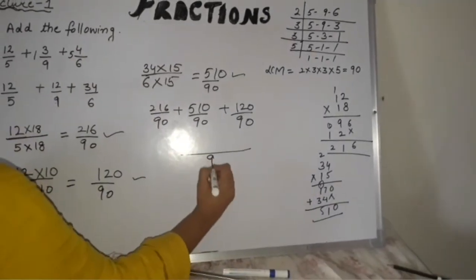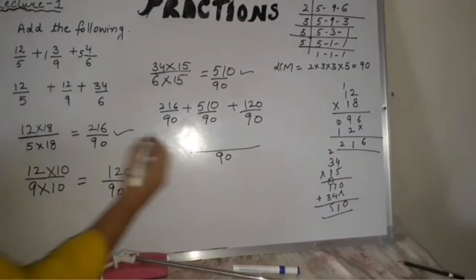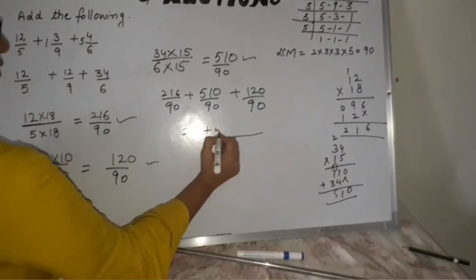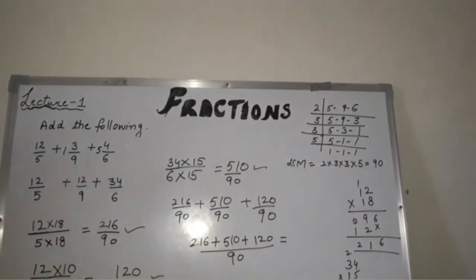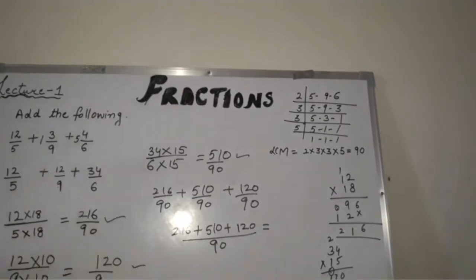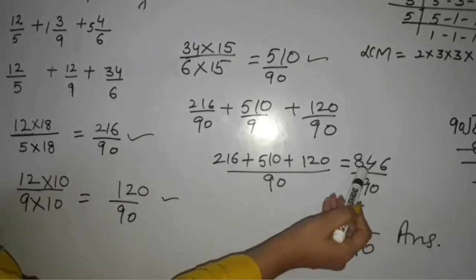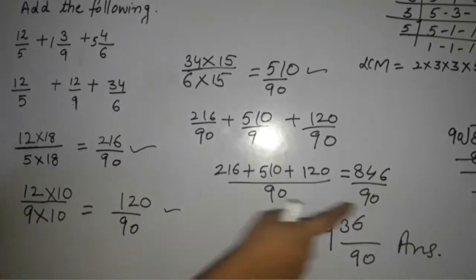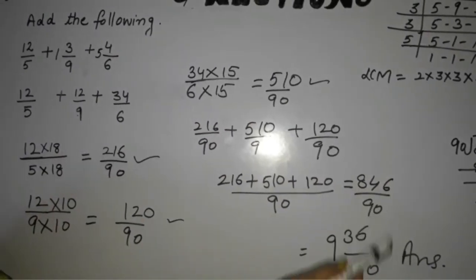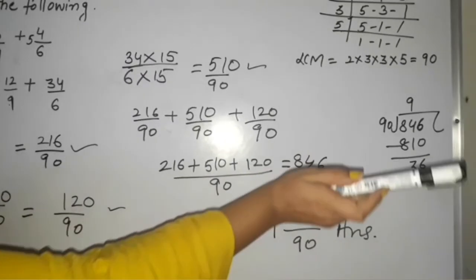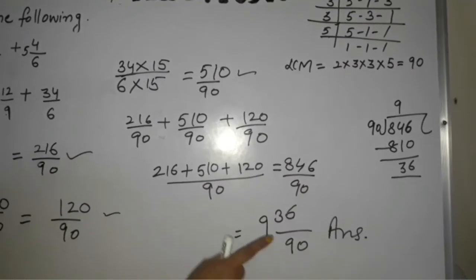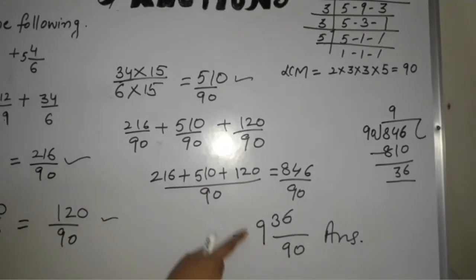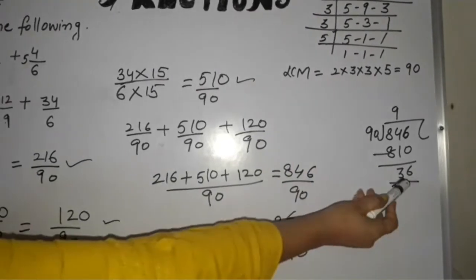So I will write 90 one time only in the denominator and add the numerators. On adding them, I get 846 upon 90. That is an improper fraction, and I have to convert it into a mixed fraction. I have shown the division here, that is by 90. I keep 90 as the denominator, write the quotient as the natural number, and write my remainder in the numerator.